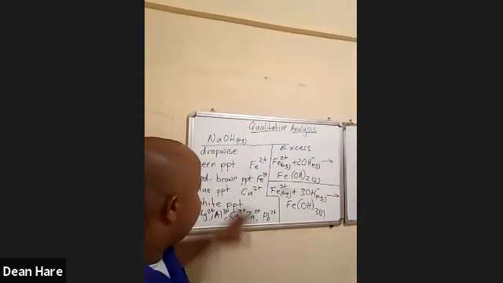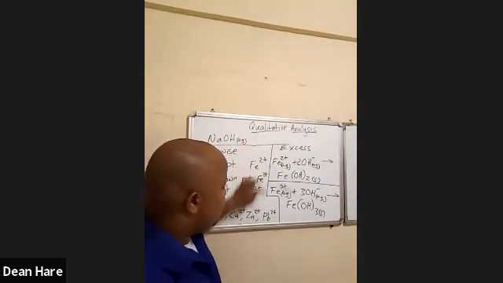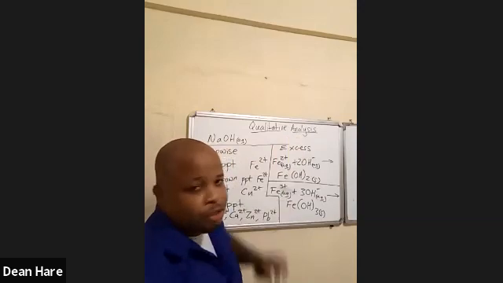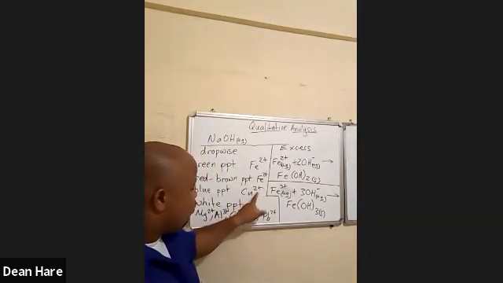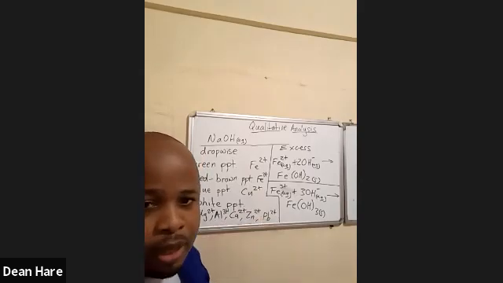The positive ions are combining with the negative hydroxide ions, right? So the same thing would happen for copper 2 as well.